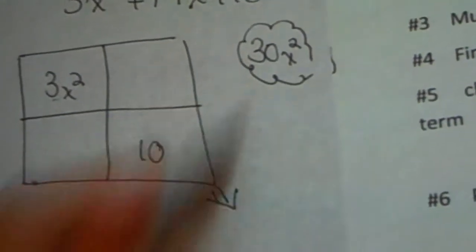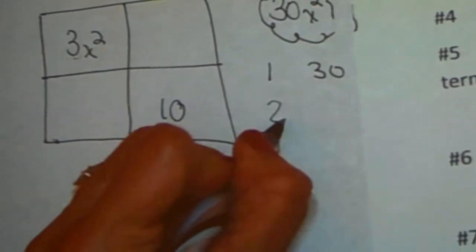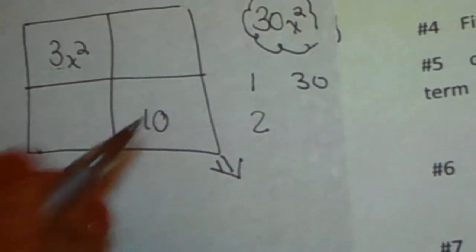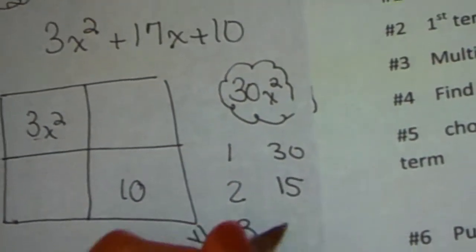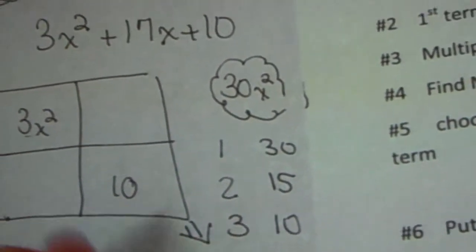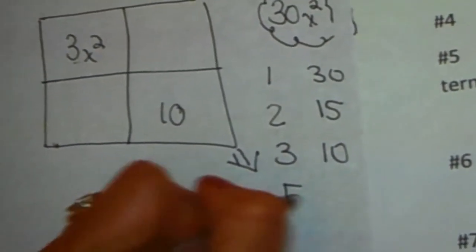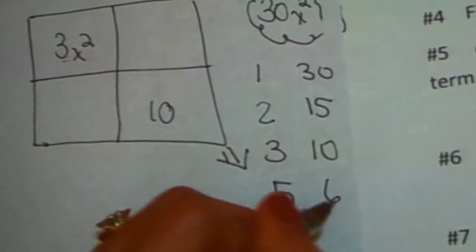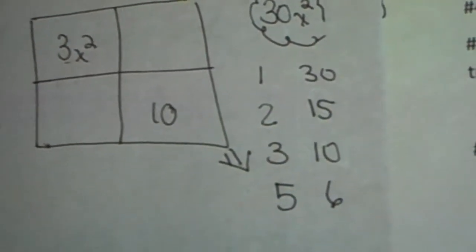Starting with 1, 1 times 30. 2 times what gives me 30? 3, 3 times 10. 4 times anything? No. 5 times 6, and 6 right back at it. So we're done with our multiples, which is step 4.